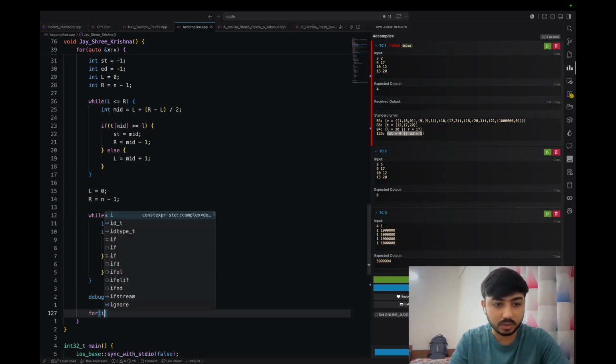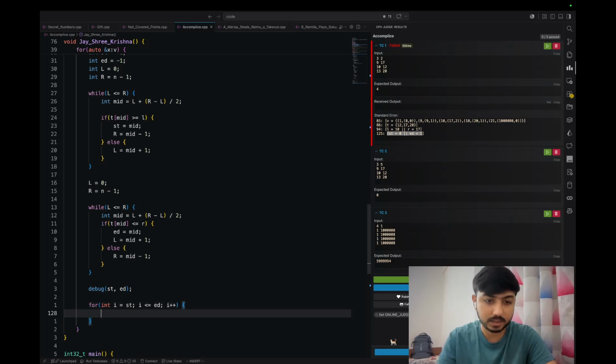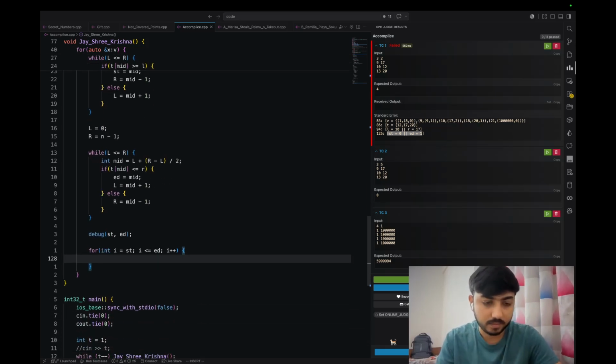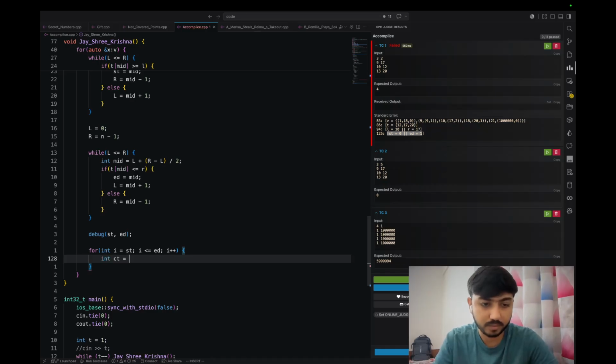So what we'll do is we'll start from i equal to start, i less than or equal to end, i plus plus. We'll do int count is equal to (L, previous is equal to L), (T of i minus previous) into total minus 1.